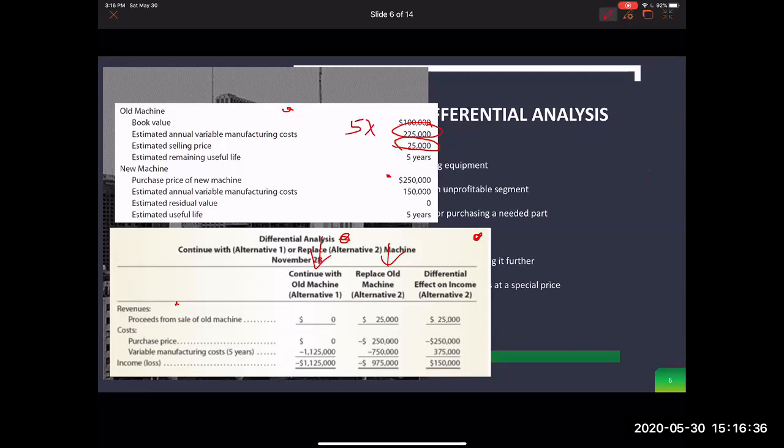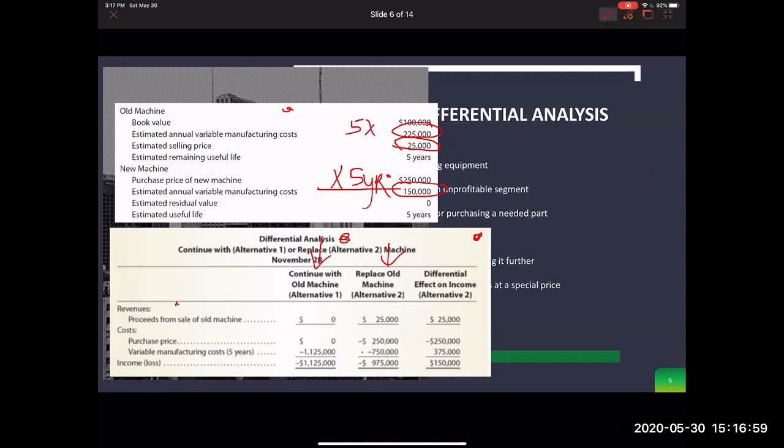And then our variable manufacturing cost is $750,000. Very similar to what we did for the old machine, we're going to look at our variable manufacturing cost, which is the $150,000. We're going to multiply that times the 5 years, and that's how we come up with a negative $750,000.